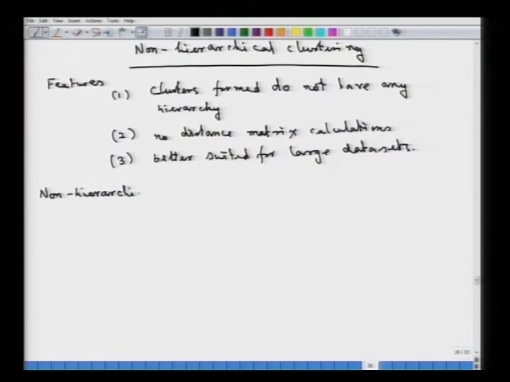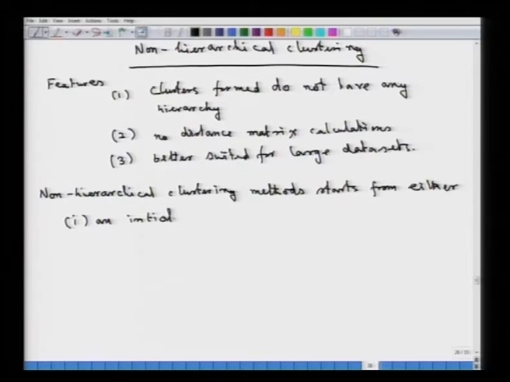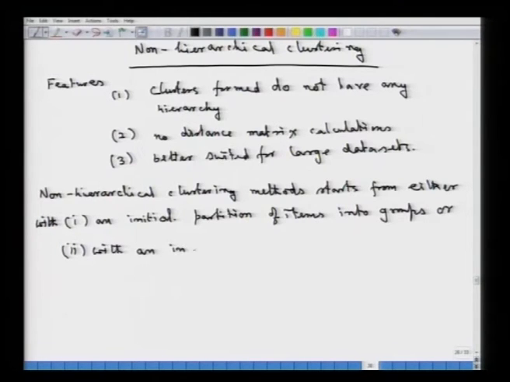Now, what is the behavior of such non-hierarchical clustering methods? They start either with an initial partition, an initial random partition of items or objects into groups, or with an initial set of seed points.